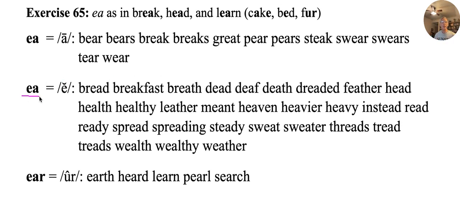Now we're going to do the EA that has the short E sound, as in bread, bread and butter. Breakfast is my favorite meal. Breath, take a deep breath.